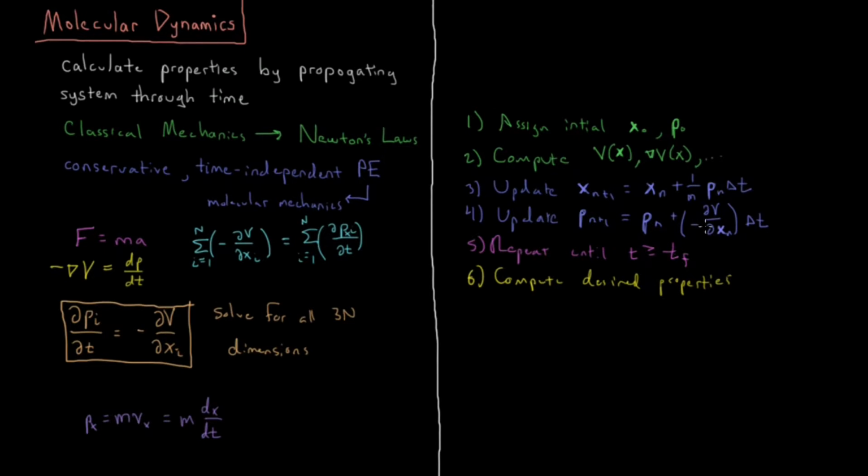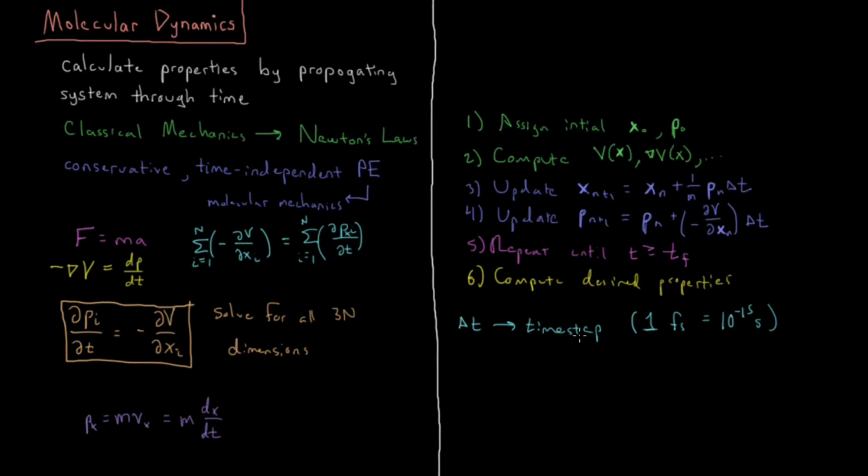So the number one, which might be the most glaring here, is this delta t. So this delta t is called the time step. And typically the time step you're using in molecular dynamics is around 1-ish femtoseconds, which is 10 to the minus 15th seconds. So why do you have to use that? So the time step that you can use is constrained by what is the highest frequency motion that you have in your system.